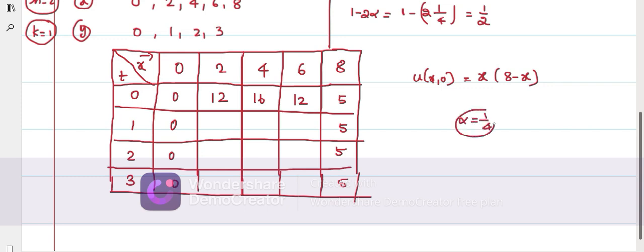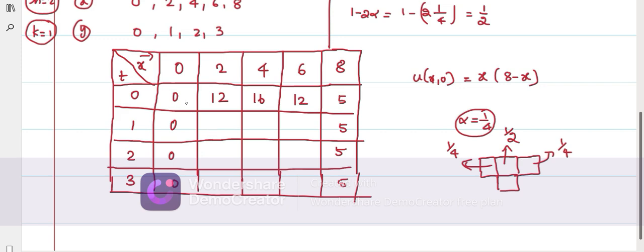To find the value of a block, consider the neighboring blocks, this one and this one. Multiply 1 by 4 to this value, 1 by 2 to this value, and 1 by 4 to the other: alpha, 1 minus 2 alpha and alpha, and add them. That will give you this block.